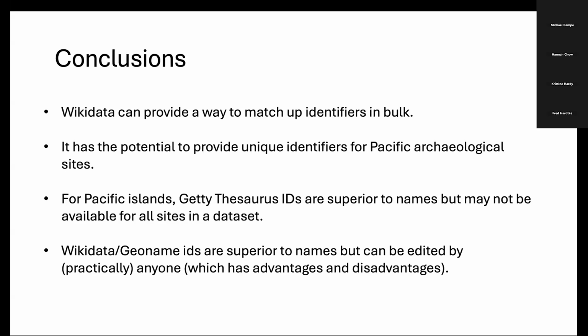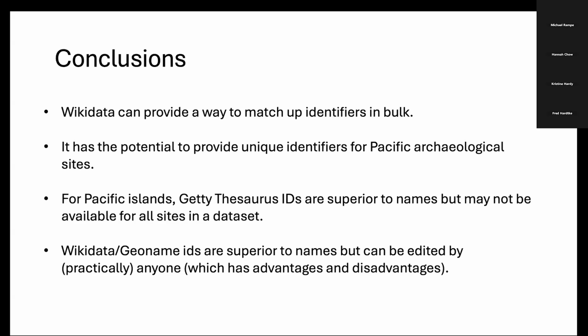Wikidata also has the potential to provide unique identifiers for Pacific archaeological sites, which again would help us link all the data that we have on these different Pacific archaeological sites together and make it easier to jump from one information site to another.